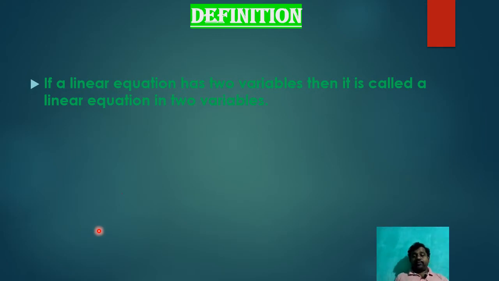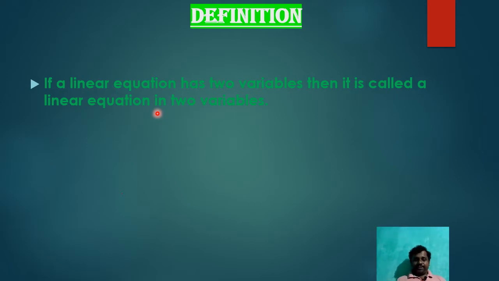Now we can move into linear equation in two variables. Here, if a linear equation has two variables, then it is called a linear equation in two variables. Already we have known one variable and also two variables in our ninth class.